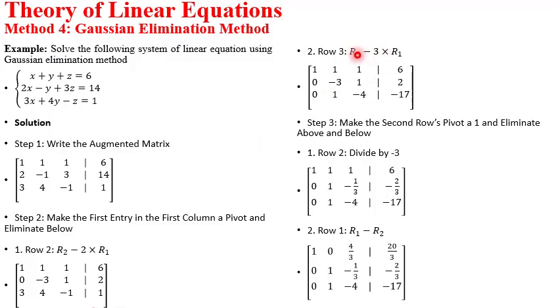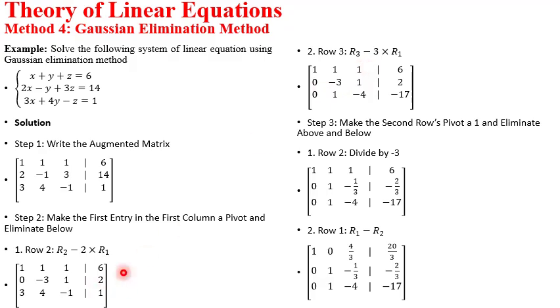We are still using row 1 as the pivot, so nothing will change in row 1. You can see in this step we are performing 2 row operations together. We are using row 1 as the pivot for this row operation and for this row operation, and we are performing them simultaneously.